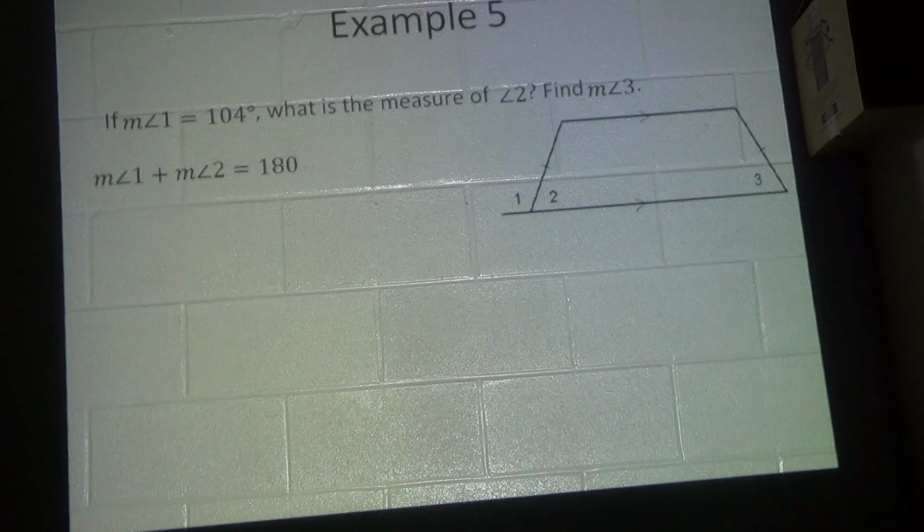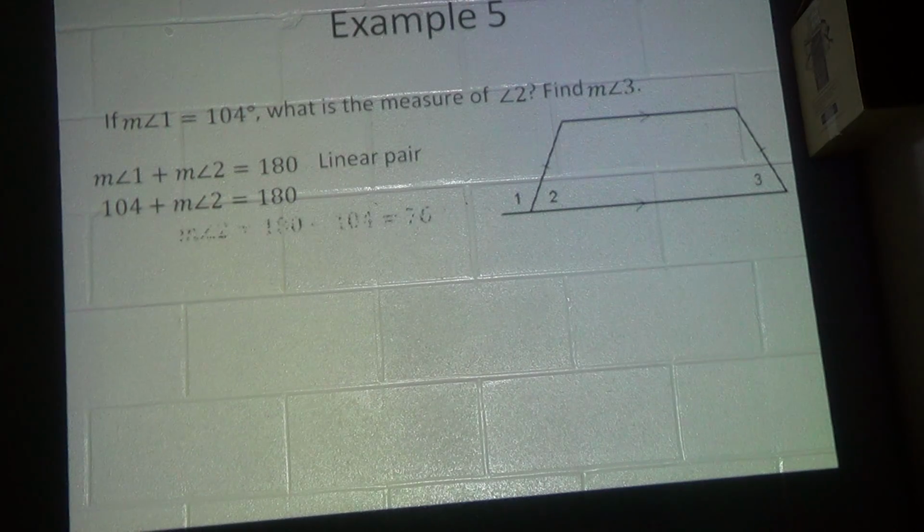So the measure of angle 1 plus the measure of angle 2 is equal to 180. Linear pair is the reason. So we have 104 plus the measure of angle 2 equals 180. Subtract the 104 from both sides, gives us the measure of angle 2 is 76. Using the property of an isosceles trapezoid, we know that the measure of angle 3 is equal to the measure of angle 2, which is 76 degrees.